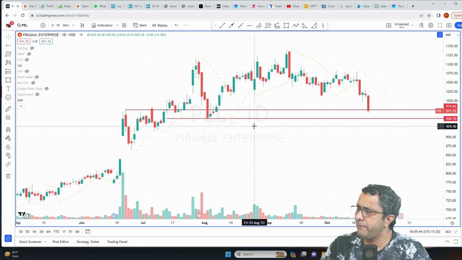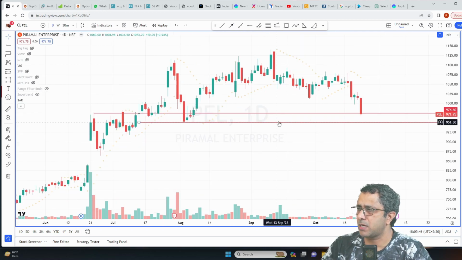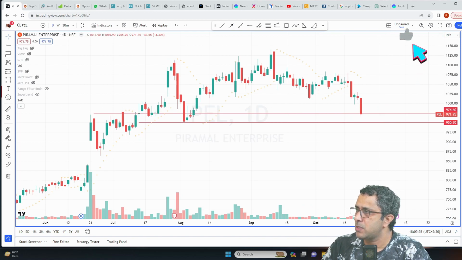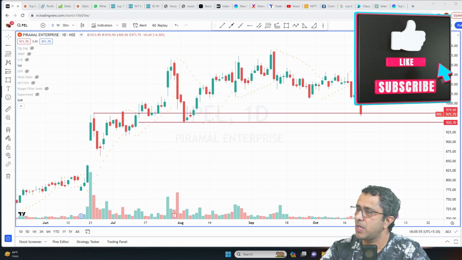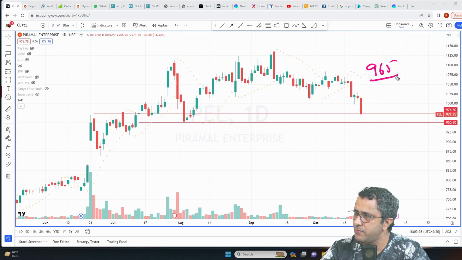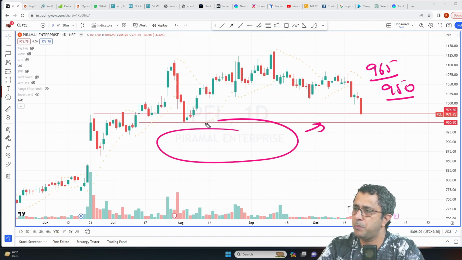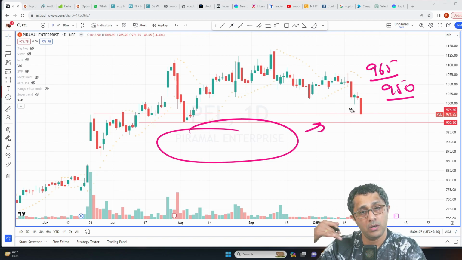We can take a trade, but that's a conditional one. The low it has formed is 965. We can trade below 965 and the target is maximum 950, because that's where it can get stuck. Yes, we can trade PEL for the sell side.